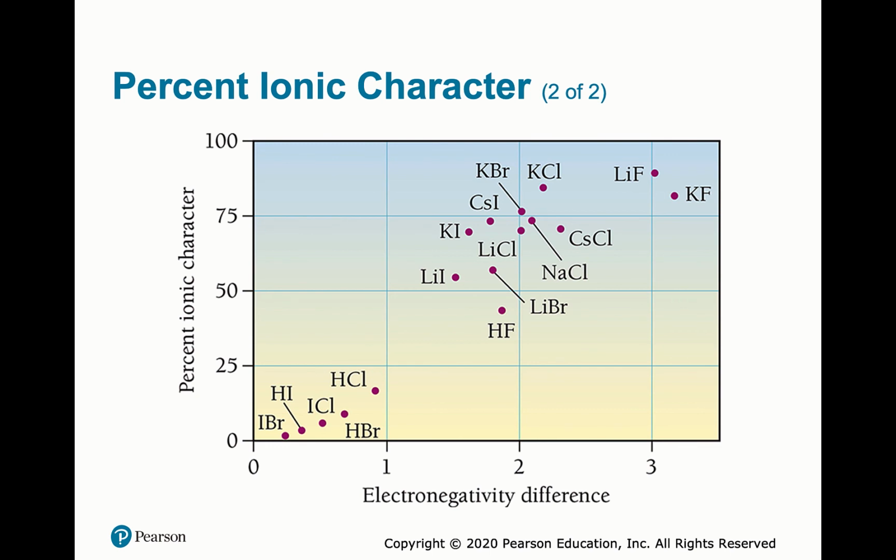In this chart, the percent ionic character is on the y-axis, and the electronegativity difference is on the x-axis. You can see the various scattered points here. The more covalently bonded ones are closer to the origin, and the ionic compounds are further away from the origin in this scatter plot.